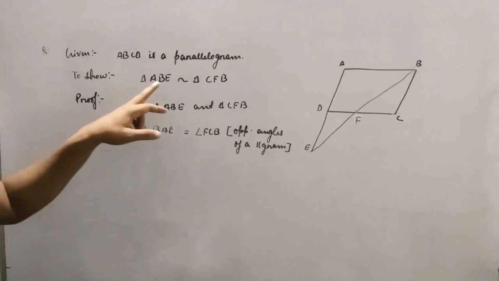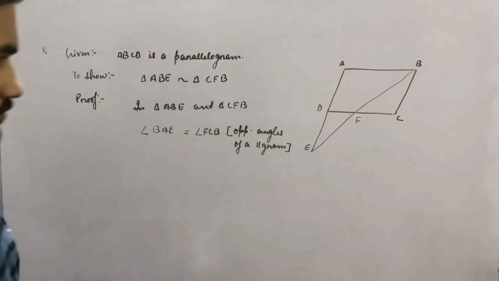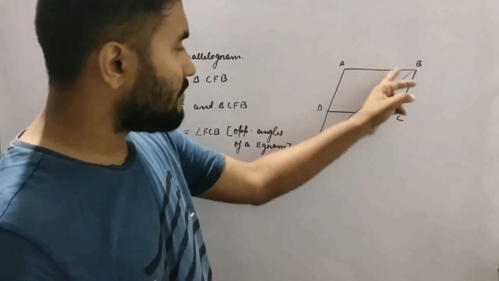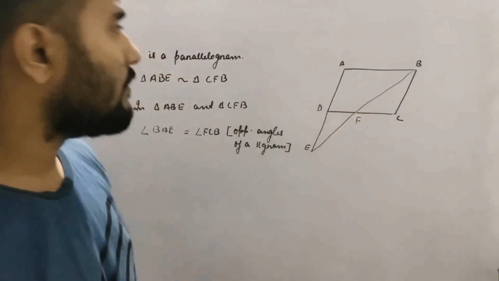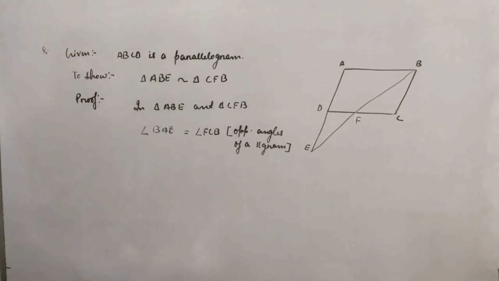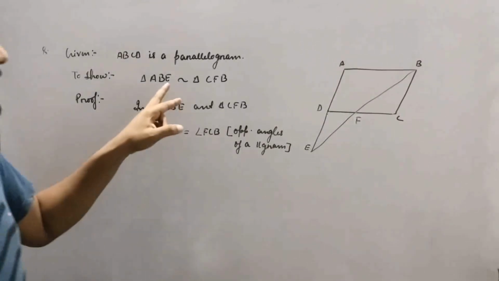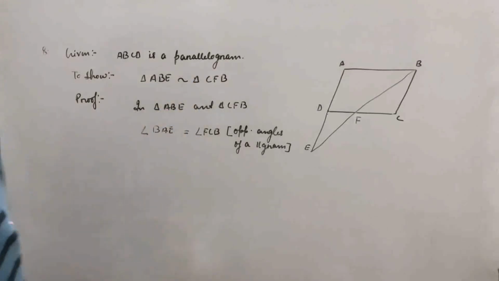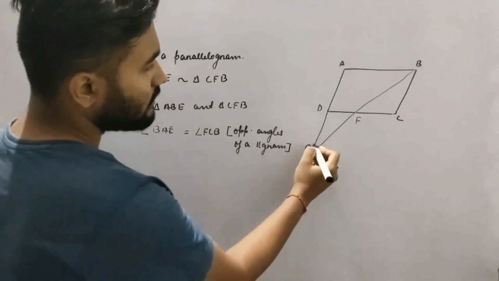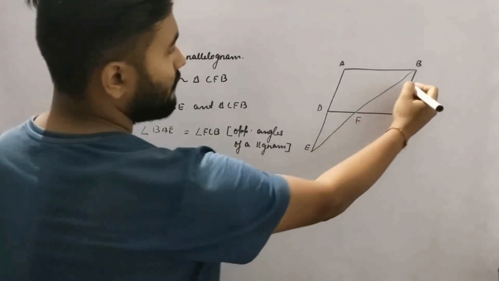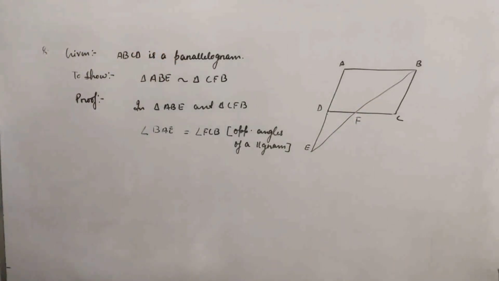Next, B should be equal to F. This angle B should be equal to angle F. Do we have any reason for that? Yes, we have reason for that also. Let us see the next one. Angle E should be equal to angle B. We have reason for this also.